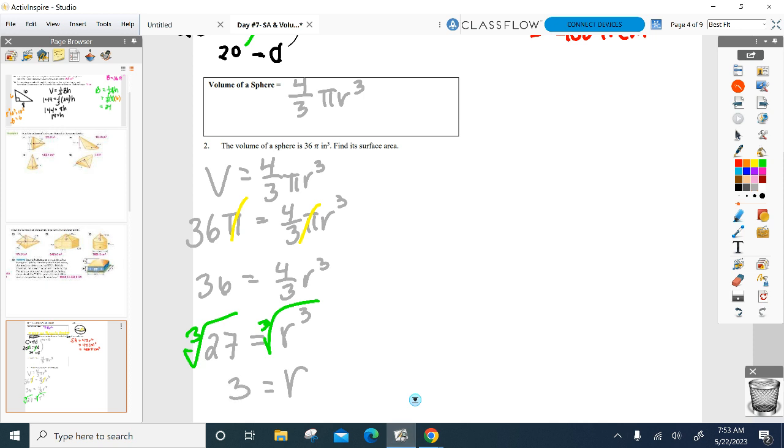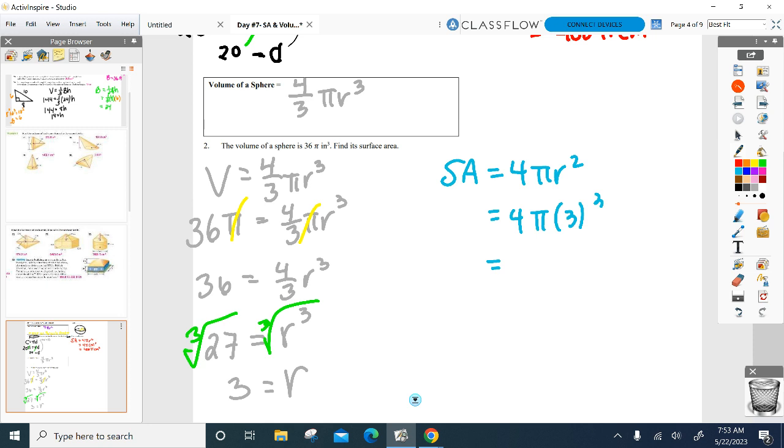I feel like we should be done, but we're not, right? Now I got to go find the surface area. So now I have to go back to 4 pi r squared. And let's leave it in terms of pi again to make our lives easier.